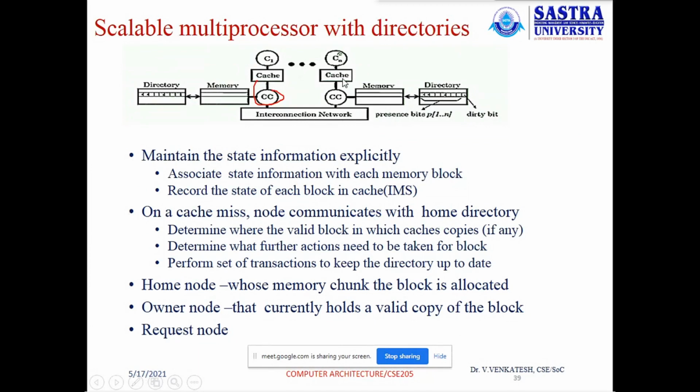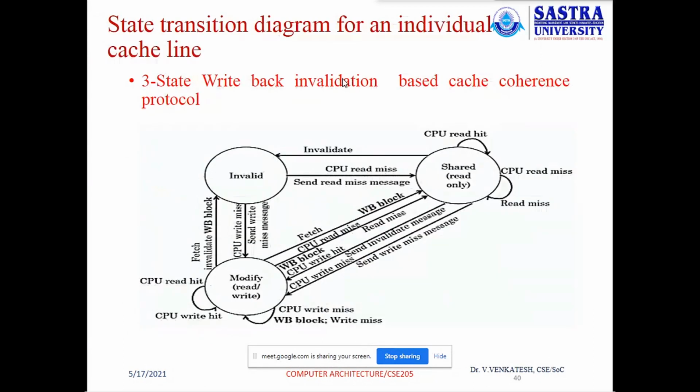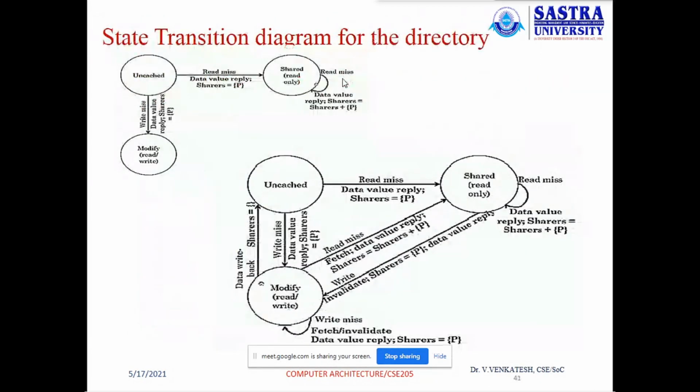Whenever we request data which is not available in any one of the caches from C1 to Cn, then it is going to be called uncached. Is it clear? That is going to be called uncached.